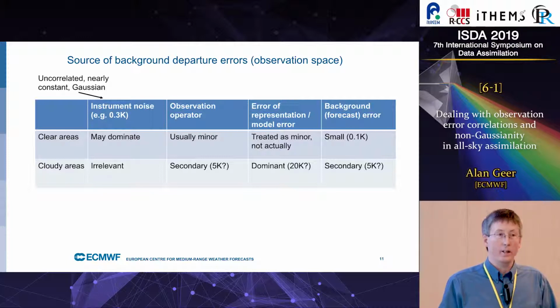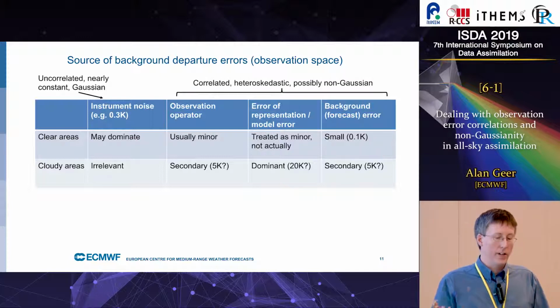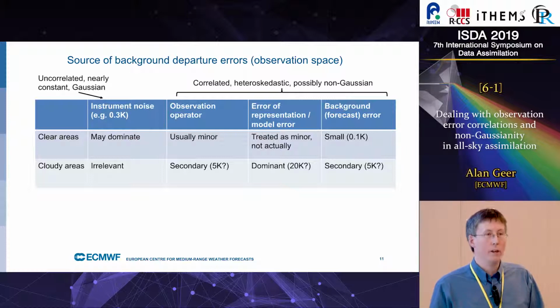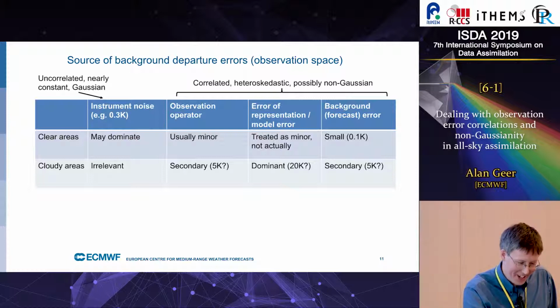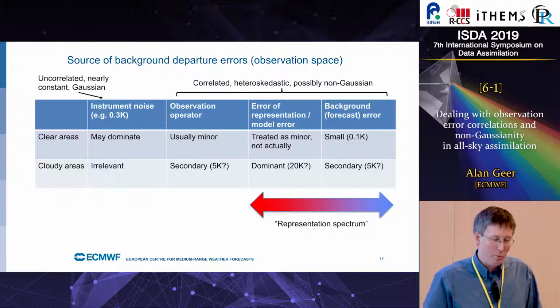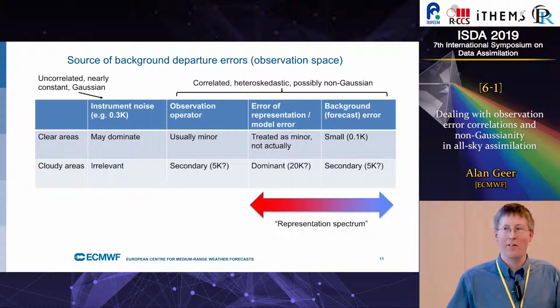And arguably the background errors, at least for global assimilation, are relatively small. And all of these things are going to be correlated spatially, interchannel, possibly non-Gaussian, and also very situation dependent, or heteroscedastic.